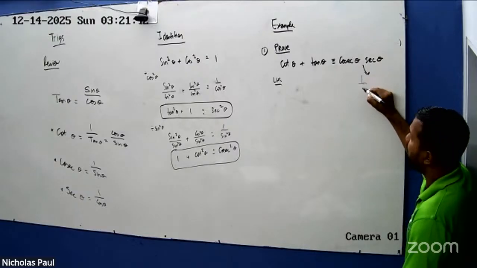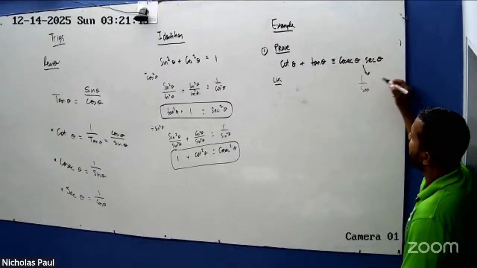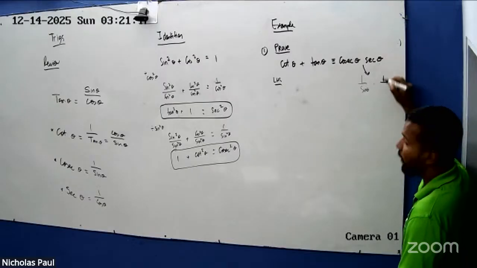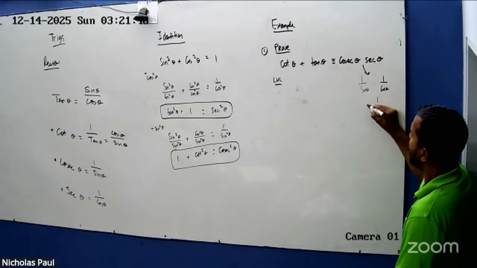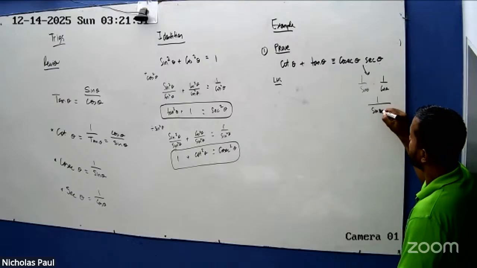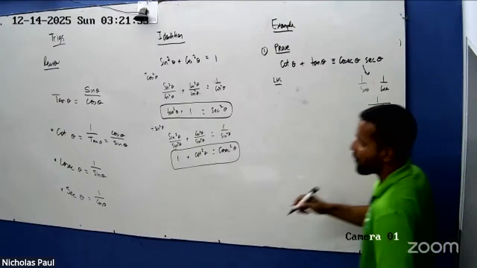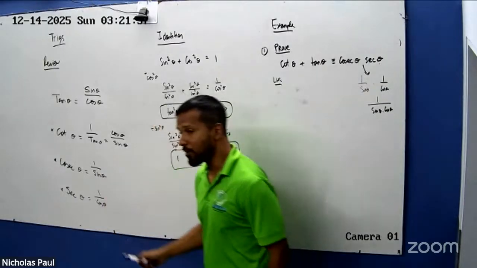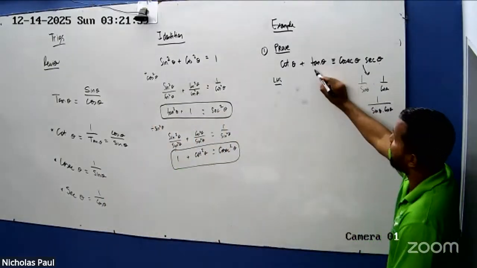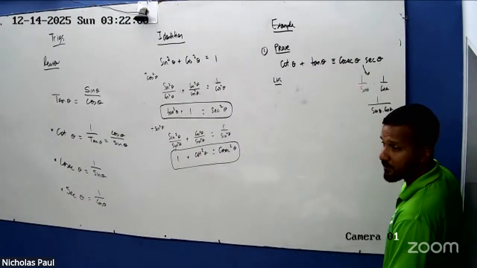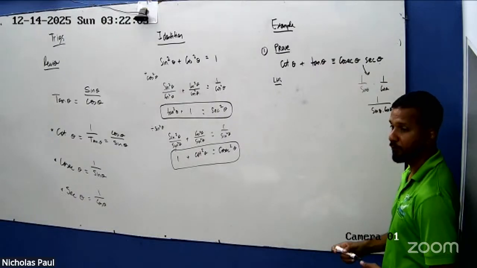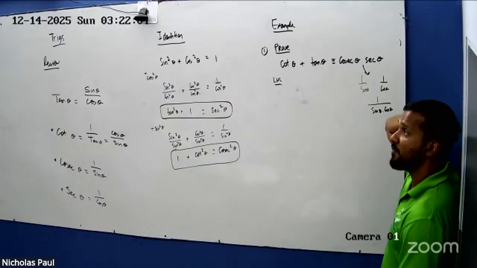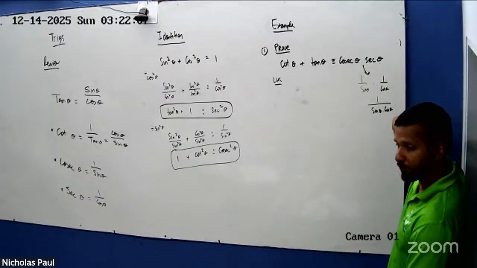It will be 1 on sine multiplied by 1 on cos. Remember this? Cosec 1 on sine, sec 1 on cos, right? So your left hand side has to look like this. Try that now. Online, if you get it, just message QED.